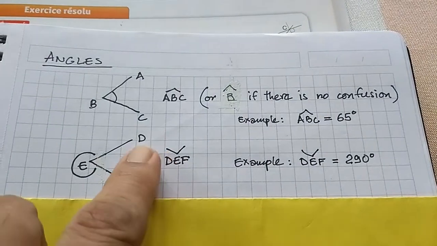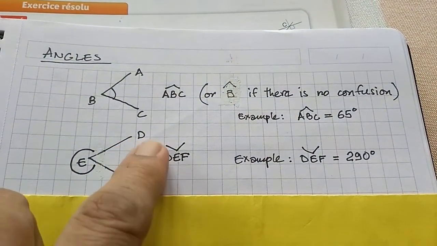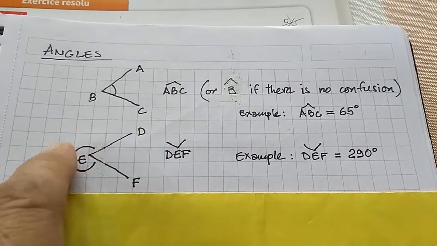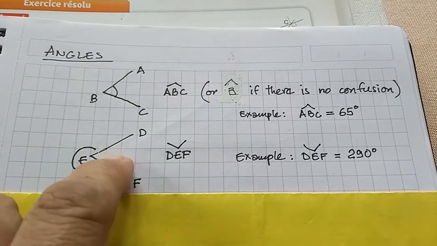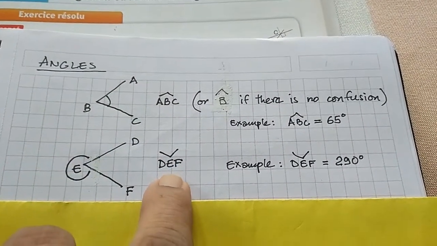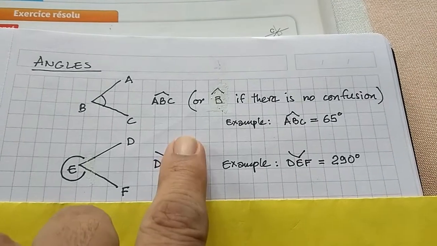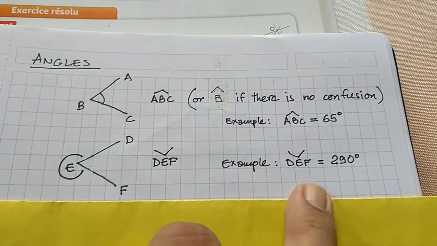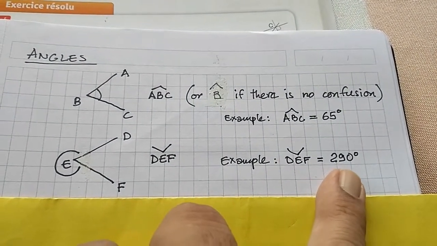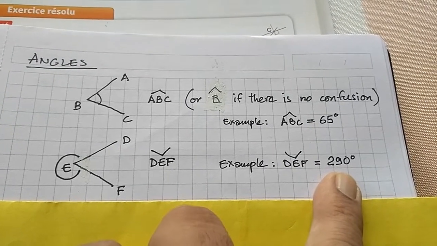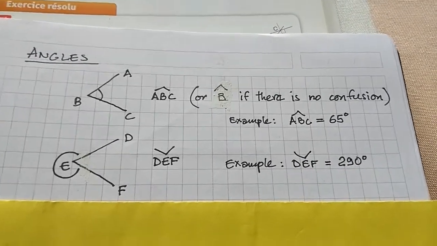Sometimes you want to take the outside angle. So F, but this angle around there, not the small angle but the big angle. So then you put an inverted hat on F. You can write then, for example, F est égal à 290 degrés.